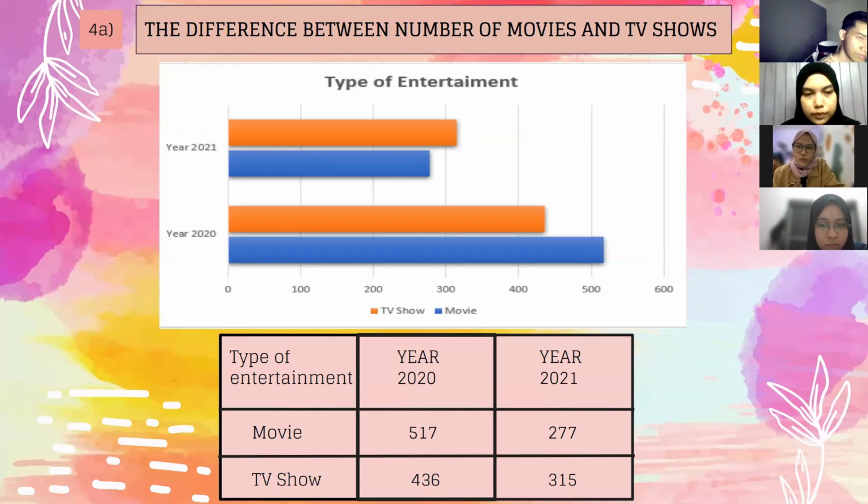So in 2020, the number of movies released was 517, and the number of TV shows released in 2020 was 436. To compare, in 2021, the number of movies released on Netflix was 277, while the number of TV shows released on Netflix was 315.